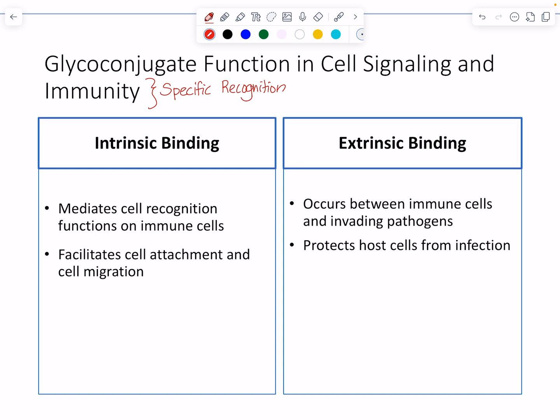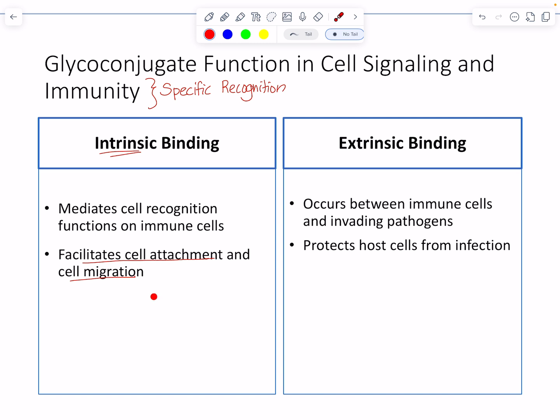Intrinsic binding is going to mediate cell recognition on immune cells, and it's going to do things like help with cell attachment and cell migration. We're not going to talk in detail about the immune system, but it has both humoral immunity, which goes through a liquid medium, and cell-based immunity.